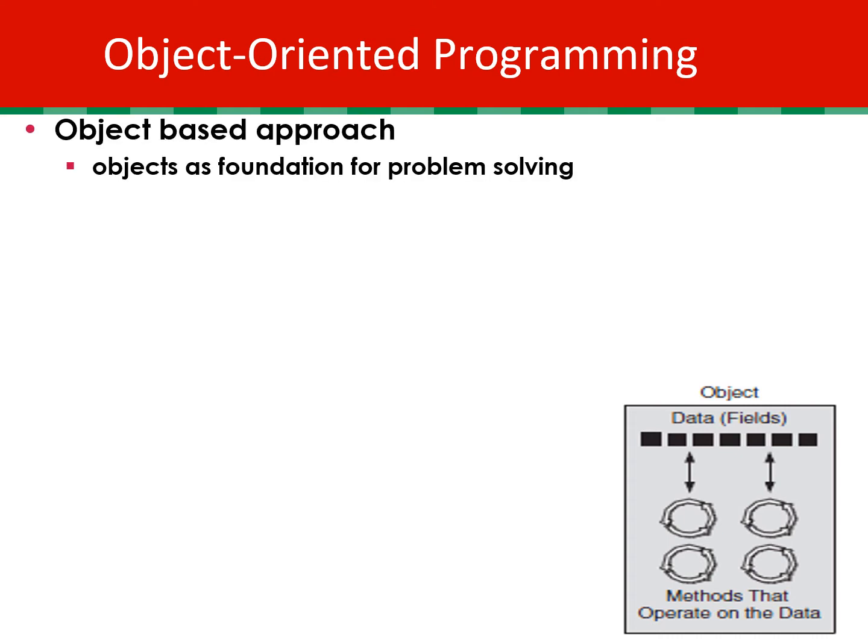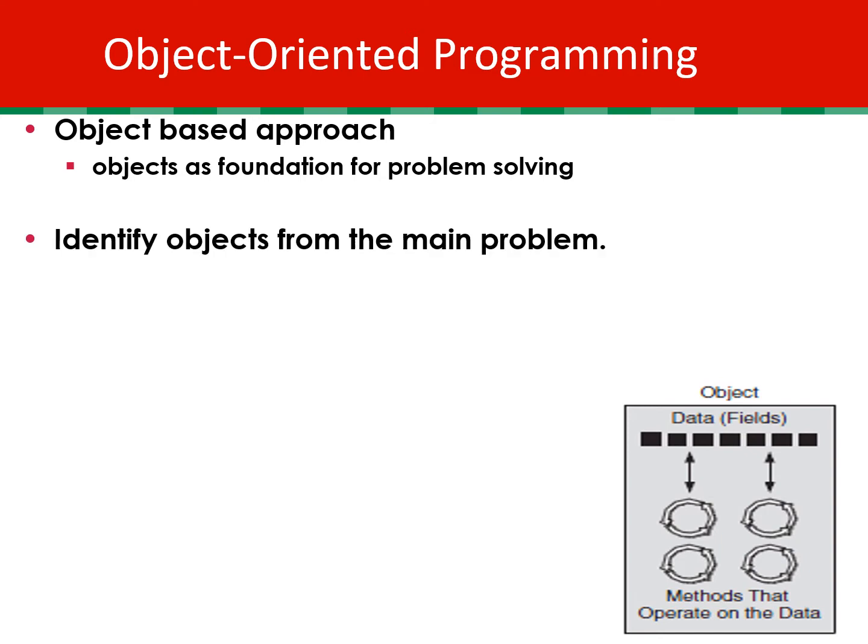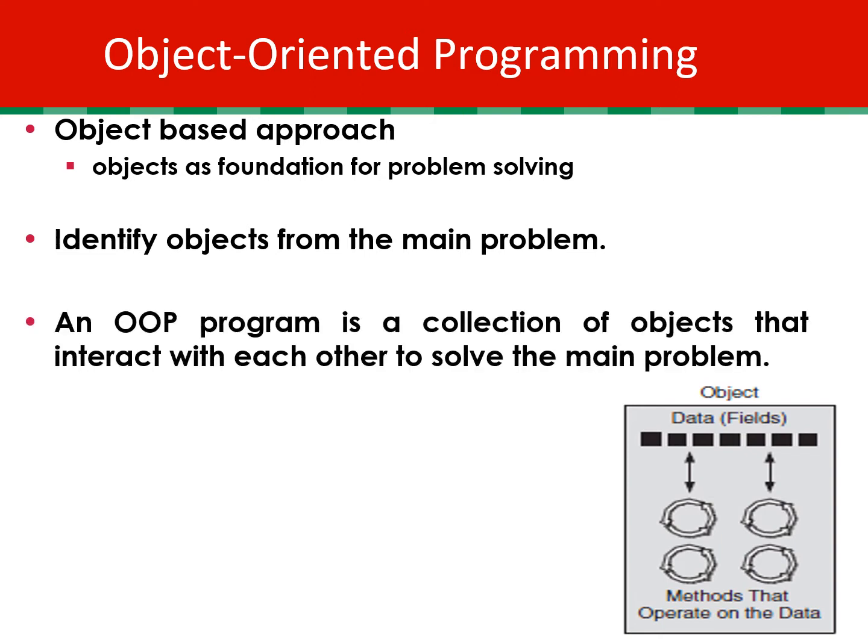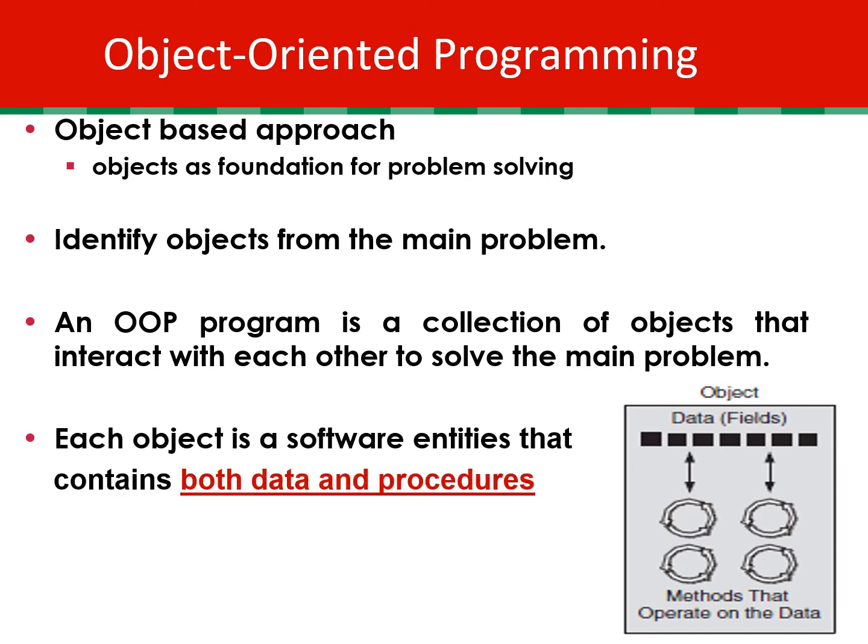Object-oriented also uses the same approach in solving the problem, where the problem is broken down into small pieces. The difference is that the data and the procedures or methods are in the same place.